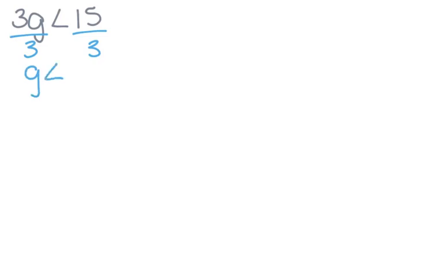So now we're going to have 3g is less than 15. So now we're working with an inequality. We're going to solve for g. So g is less than 5. So our number sentence is true when g is any number less than 5. And the number sentence is false when g is equal to 5 or is greater than 5.